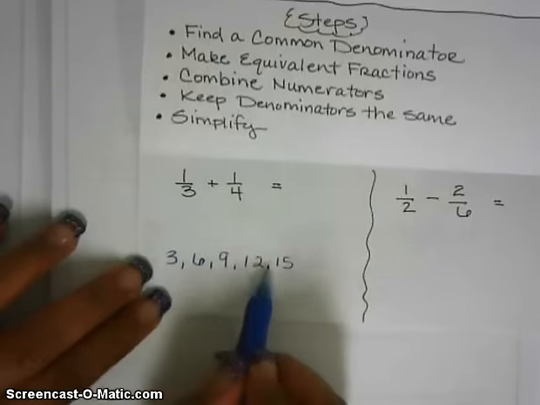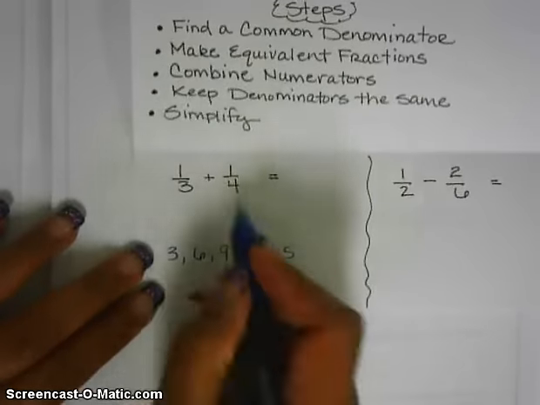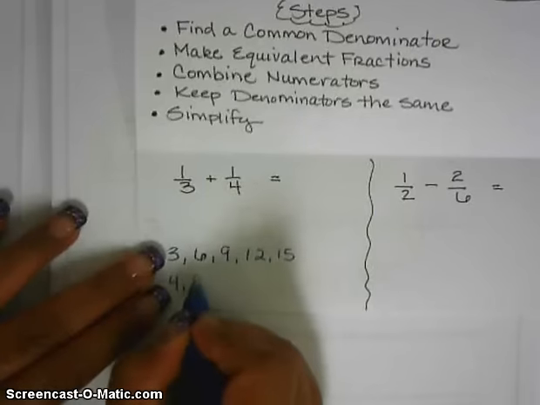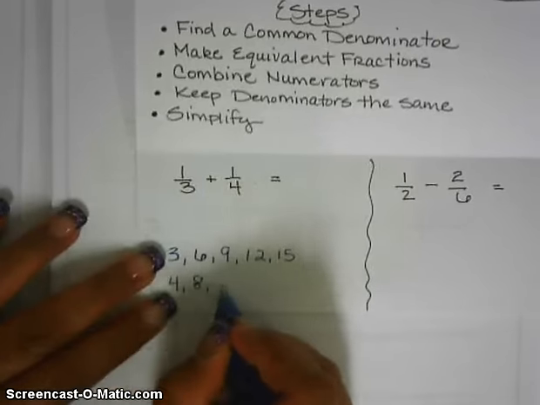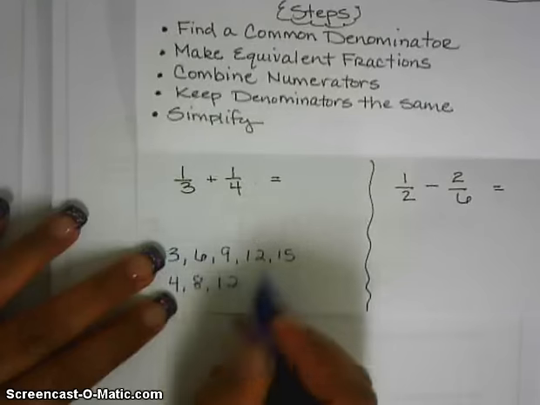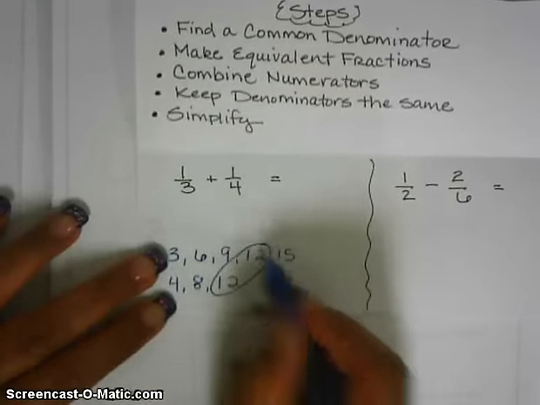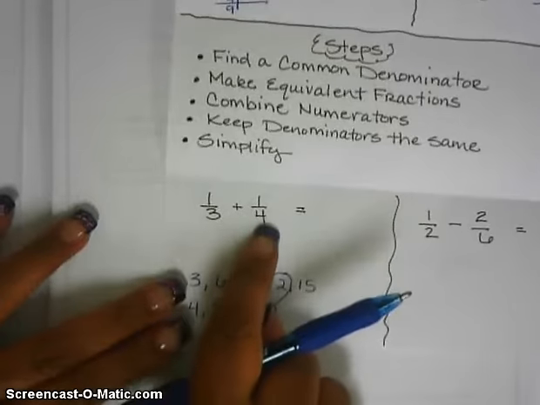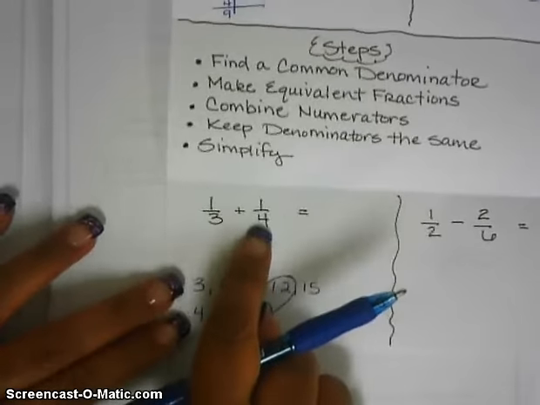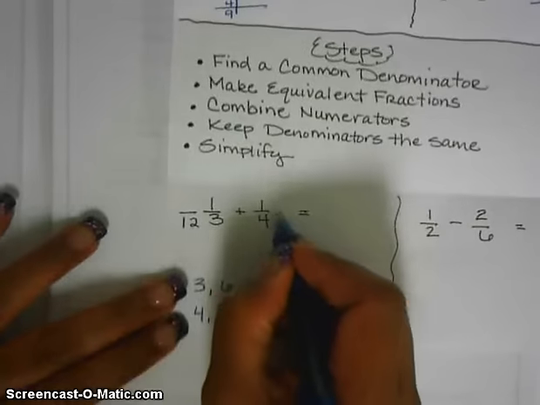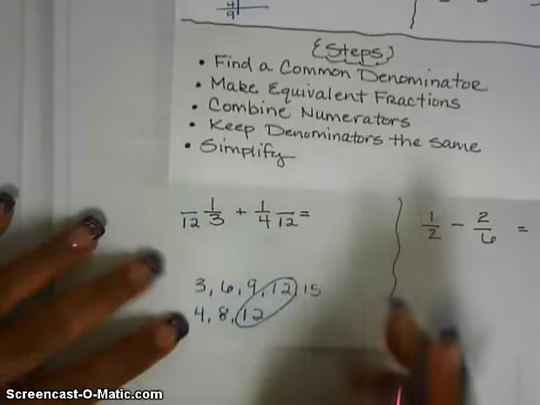These are the multiples of 3. Then I'm going to do the same thing with 4. I have 4, my next multiple is 8, and then it's 12. And I'm going to see that I've got 12 as my common denominator. That means that I can make equivalent fractions of both of these as a fraction over 12. So I'm going to put 12 here, and I'm going to put 12 here.